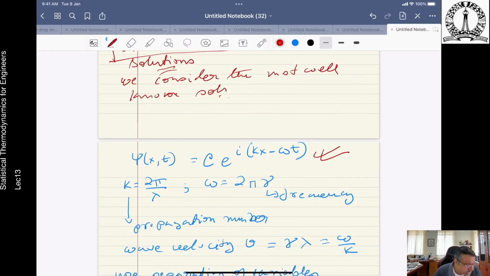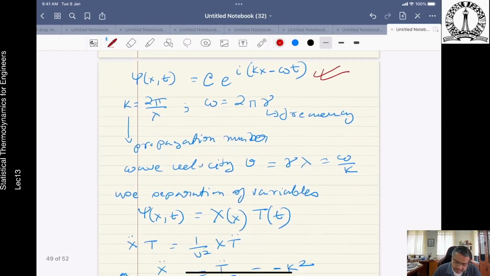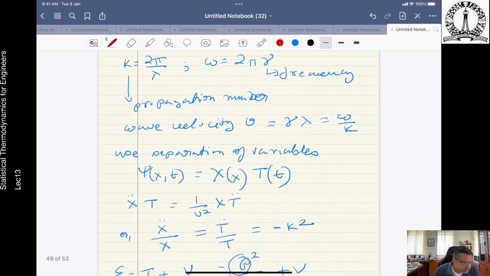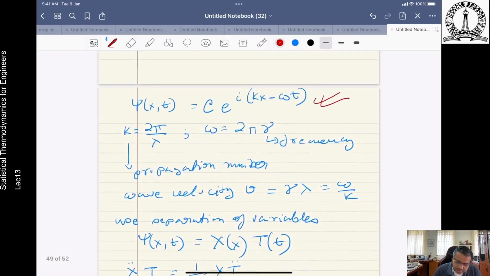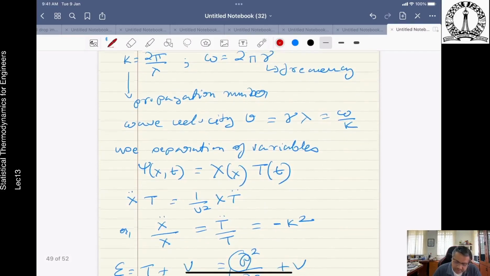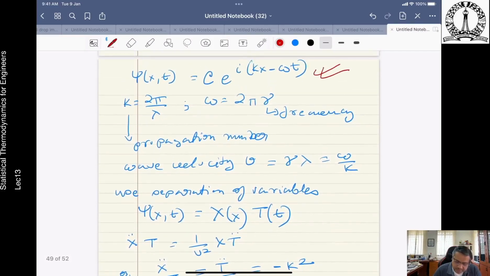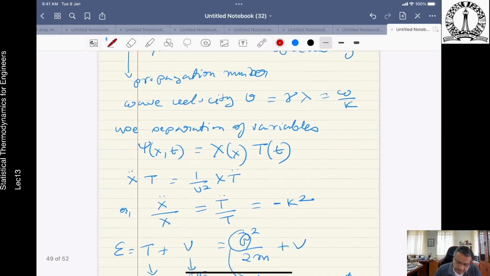Then we did separation of variables, basically spatial and temporal, and this was the solution that we got.